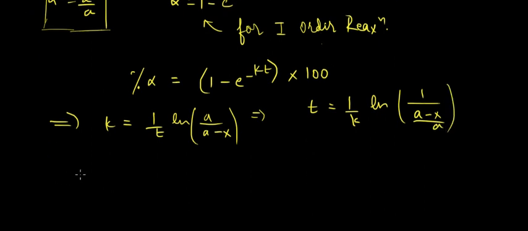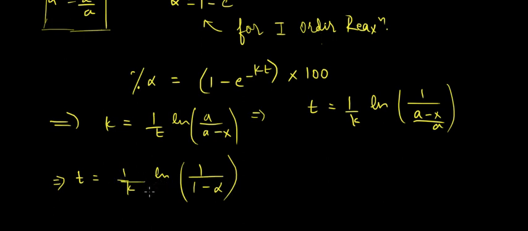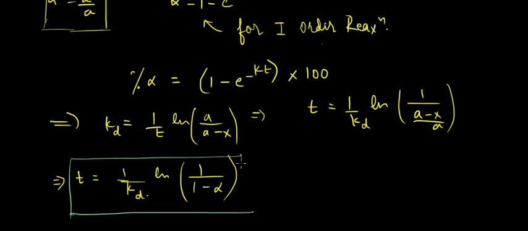So we would be getting t equals 1 upon k ln 1 upon (1 minus x by a), which would be alpha. This we can also write with kd, because the rate constant and dissociation constant are the same, as the stoichiometric coefficient of A was 1. So this is an important formula, so please remember this.